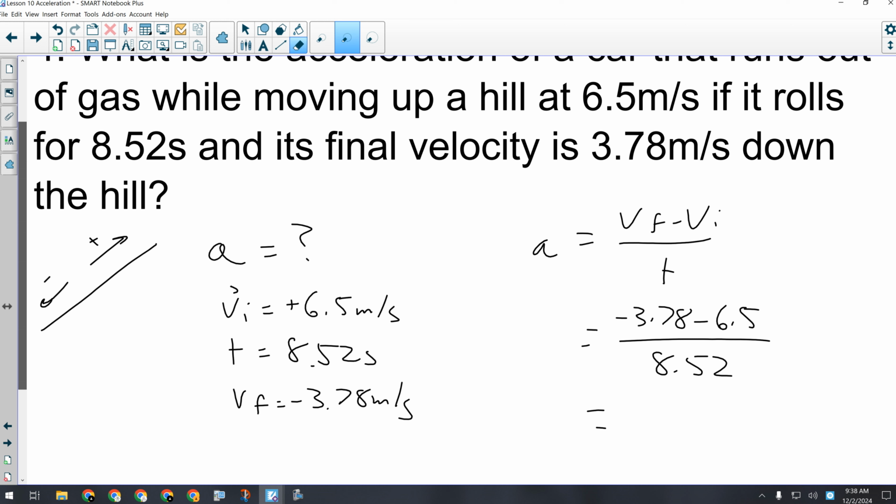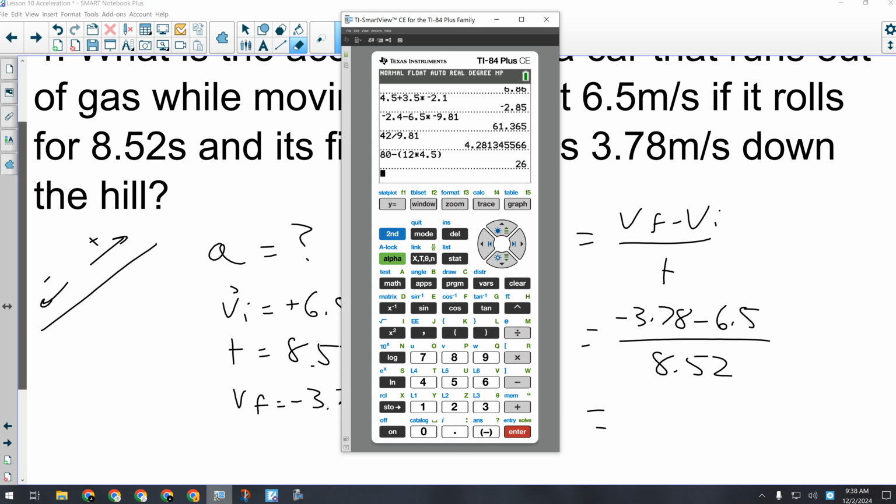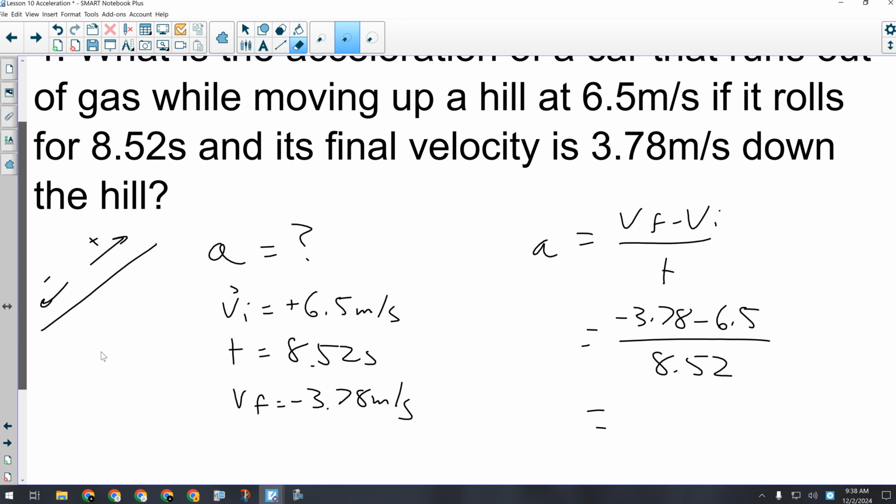I definitely should. The change in velocity is completely negative. So negative 3.78 minus 6.5 gives me a change in velocity of negative 10.28 meters per second. Divide that by the time, 8.52 seconds, and I get negative 1.21 meters per second squared.